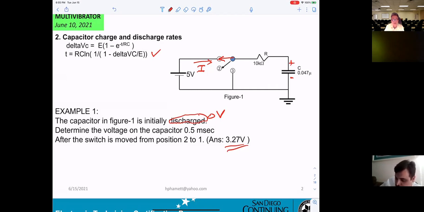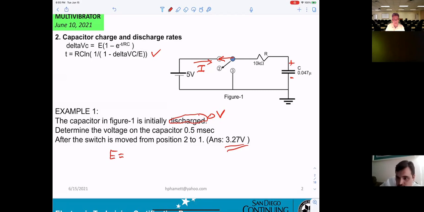If you get any question like this problem, you can calculate delta VC equals E times (1 minus e to the power of minus t over RC). On this problem, you need to know what E is.